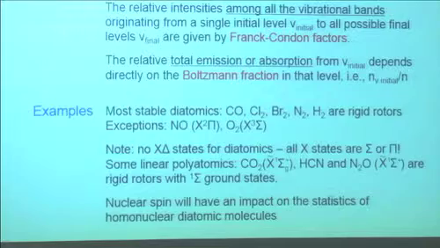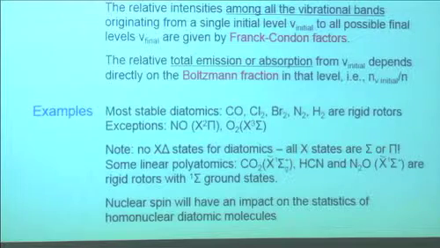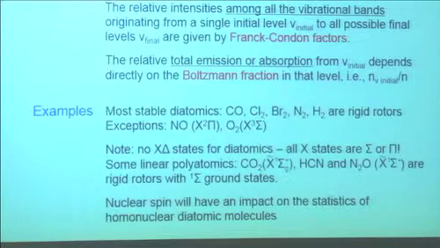Now, linear triatomics, which we treat as just a little bit more complicated than the diatomics, are handled a little bit differently. One of the things you'll notice is that you start seeing this little tilde sign on top of the state. So the ground state would be an X 1 sigma g. For CO2, it looks quite a bit like CO. It's X 1 sigma, but there's a tilde that's telling me that it's triatomic. And HCN and N2O, they also are rigid rotors. Good.